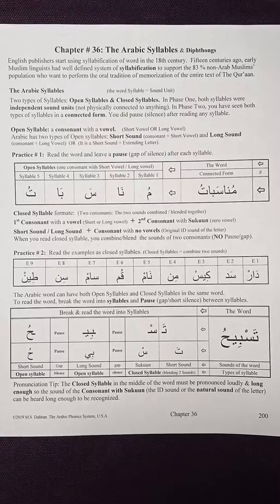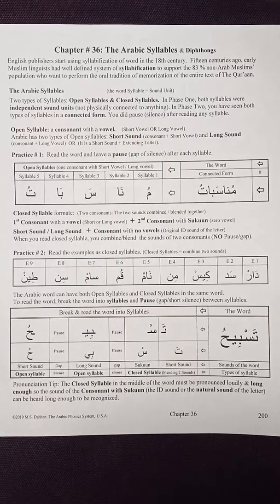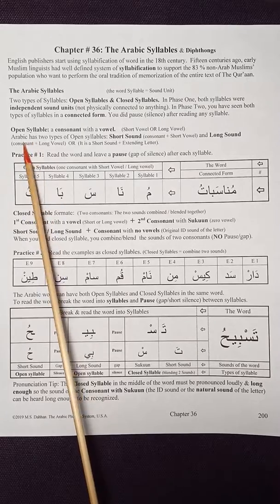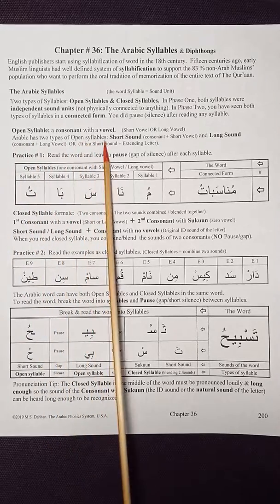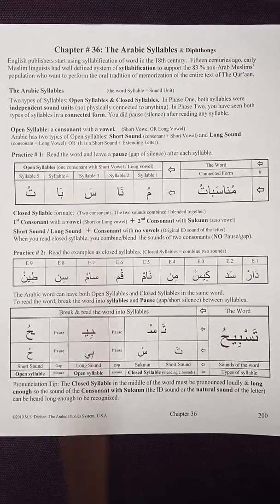Open syllable. This is a quick review before I throw in some new stuff for you. An open syllable is a consonant with a vowel. It could be short, could be long, right? Arabic has two types of syllables, open syllables with a short sound or long sound. I don't want to go into the details.